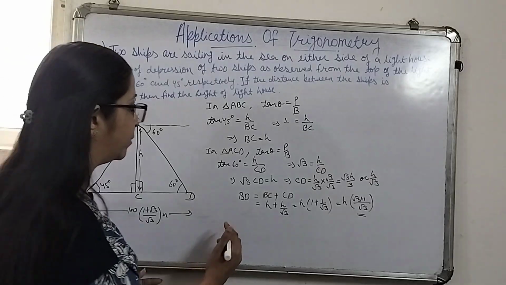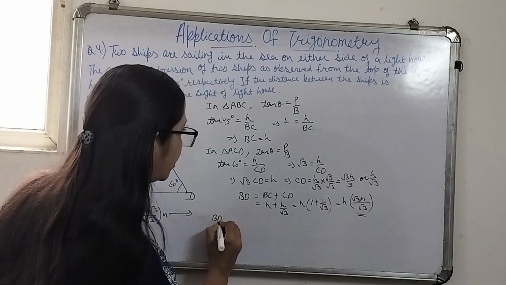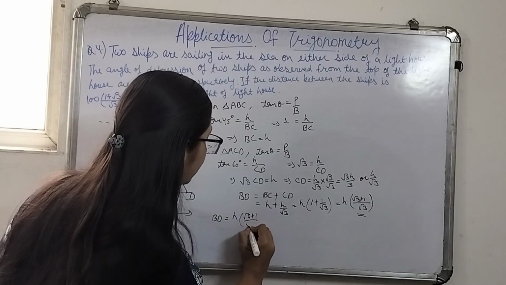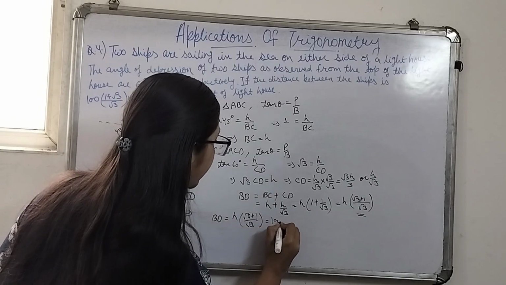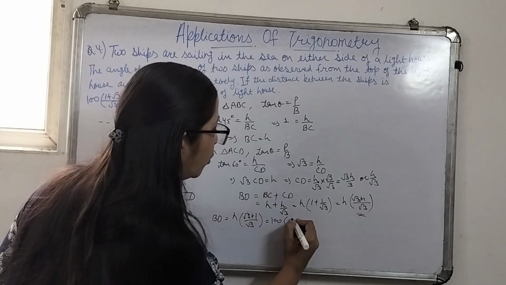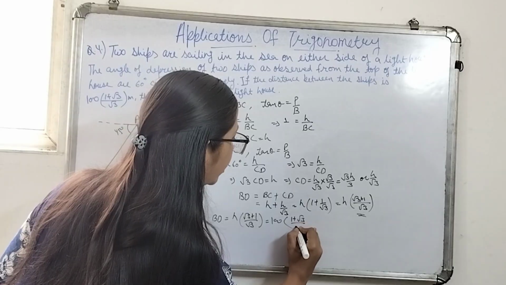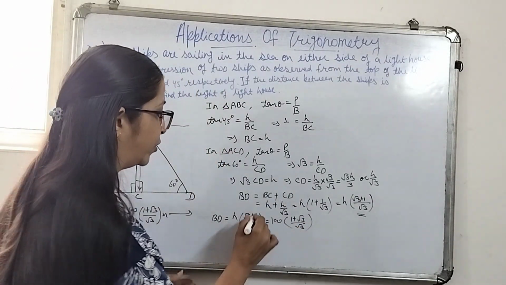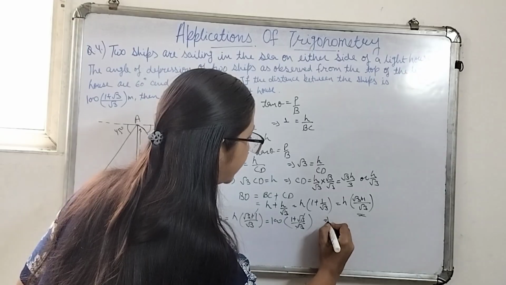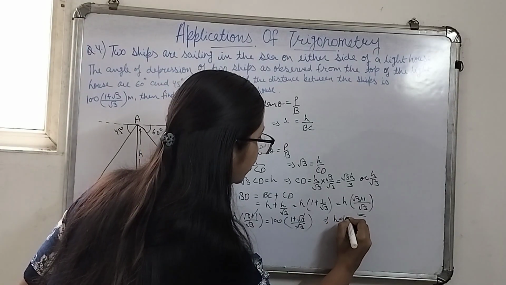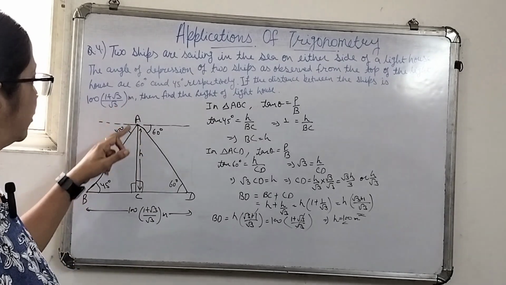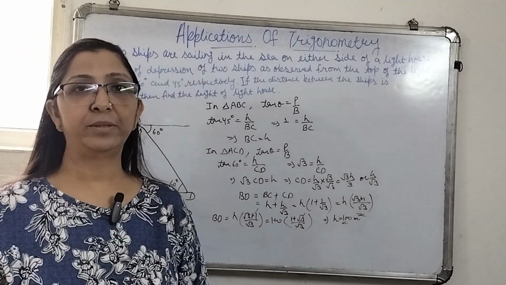BD is equivalent to h (root 3 plus 1) over root 3, and it is equivalent to 100 multiplied by (1 plus root 3) over root 3. Here we can see that this part is exactly the same. We can cancel it. That simply means if we compare, we will come to know that the value of h will be 100 meters. That means the height of the lighthouse will be 100 meters.